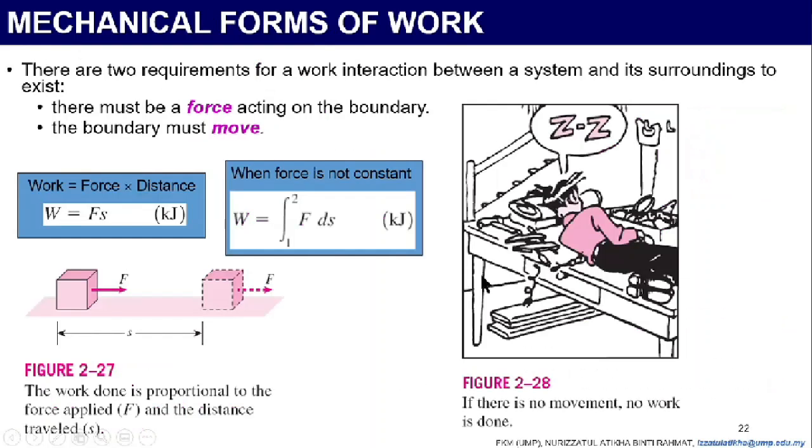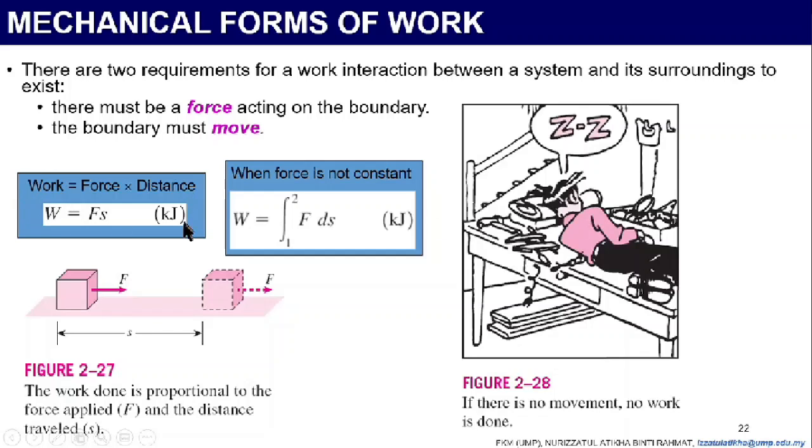Now let's see the mechanical forms of work. There are two requirements for a work interaction between a system and its surroundings to exist. First, there must be a force acting on the boundary. Second, the boundary must move. Remember, as you can see in this figure, if there is no movement, no work is done.